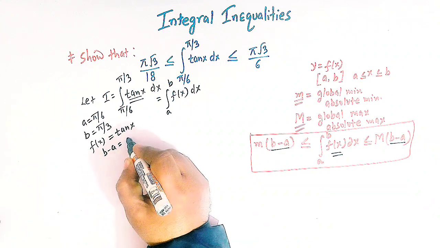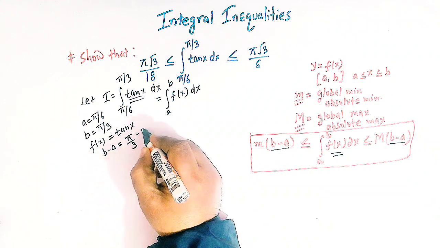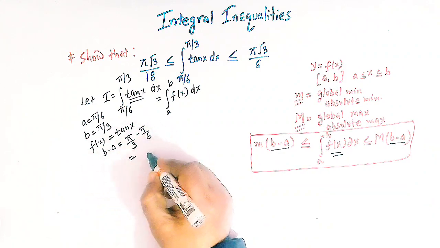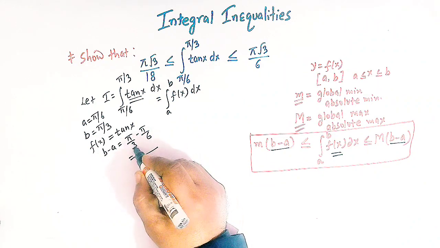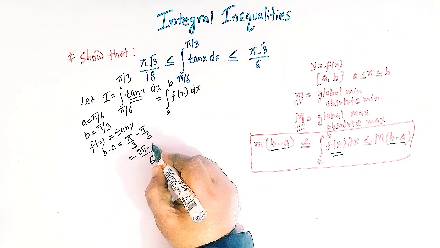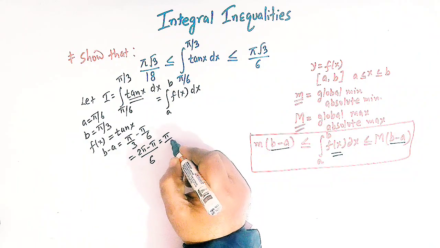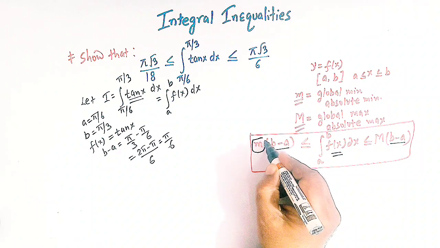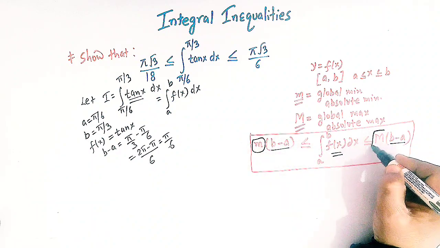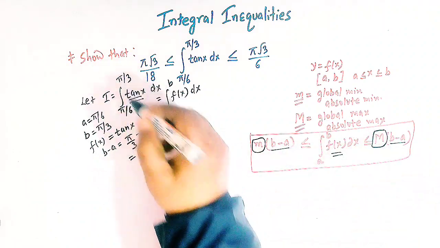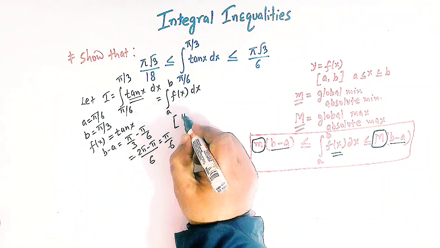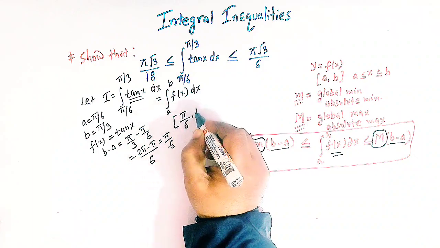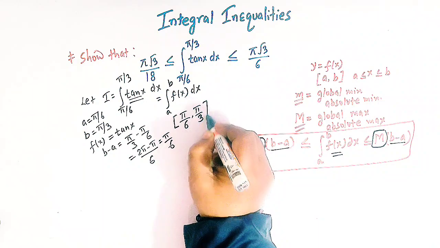Okay, now let us first find the difference b minus a. So b minus a is pi by 3 minus pi by 6. So we can take the LCM here. So we have 6, then 2 pi minus pi, that is pi over 6, right? Now our aim is to find out this small m and capital M, right? And we have the interval that is pi by 6 to pi by 3, right?